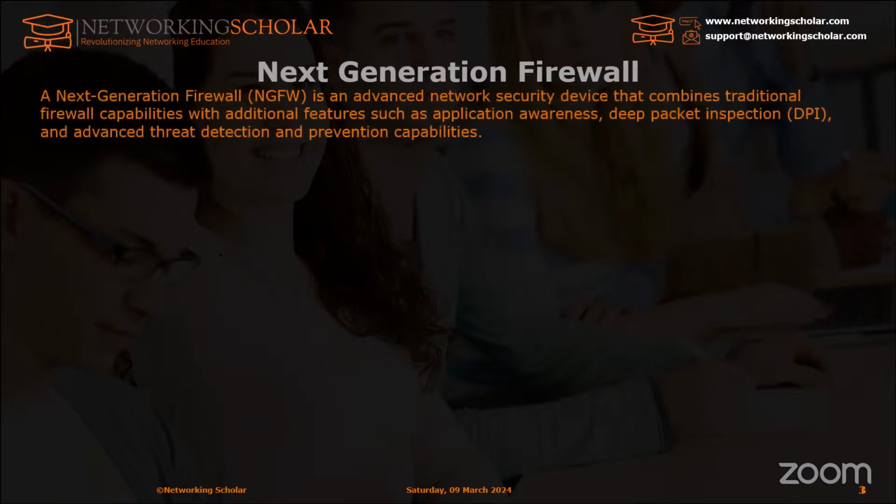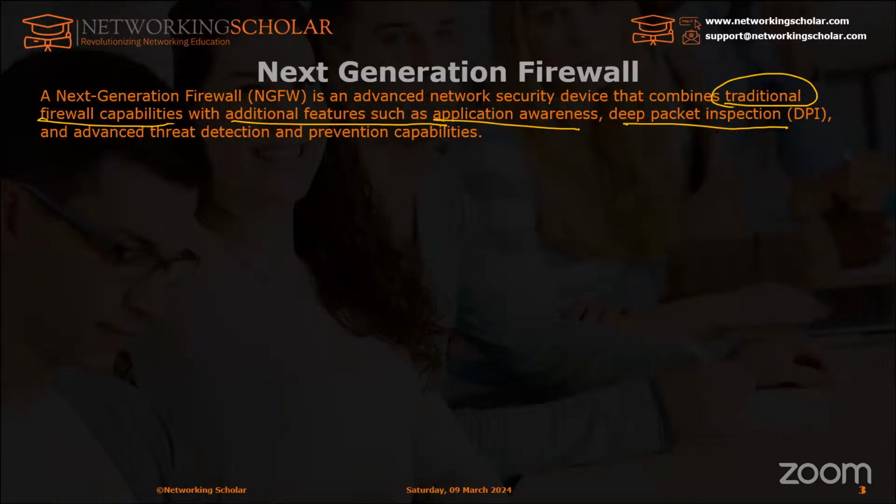So we already learned about the next generation firewall, just basic information. A next generation firewall is an advanced network security device that combines a traditional firewall with additional features such as application awareness. We discussed deep packet inspection, DPI.